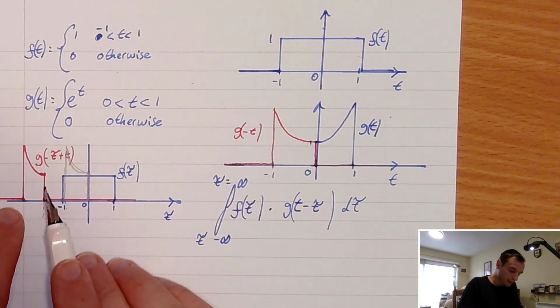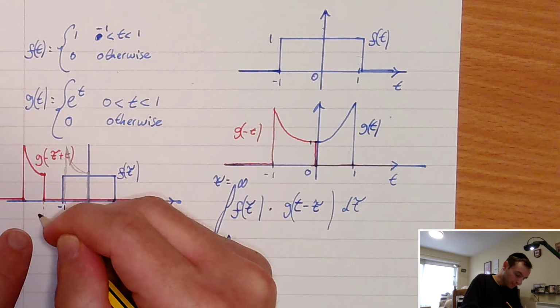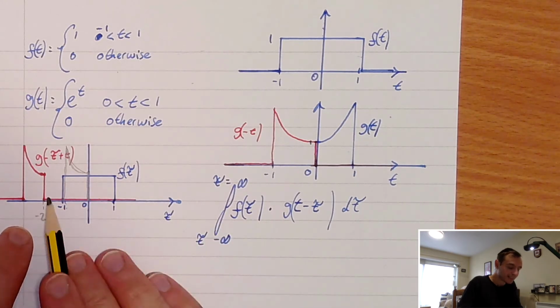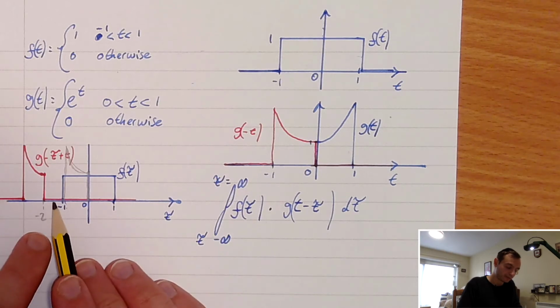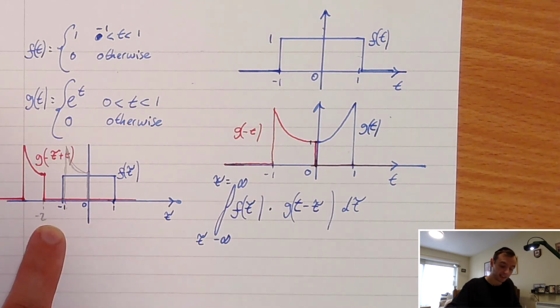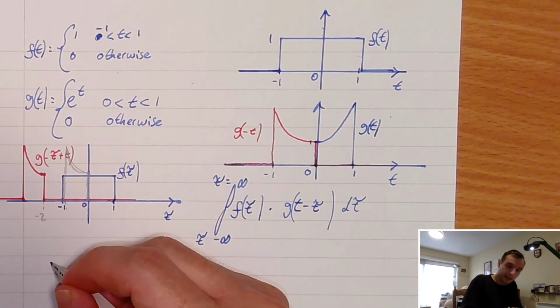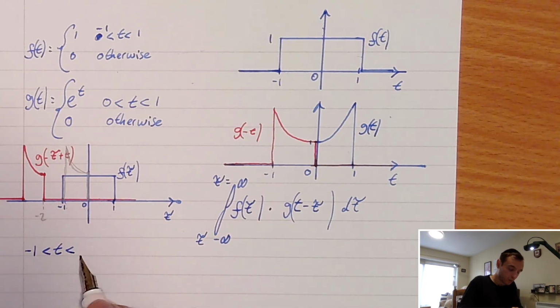But you can see here, as t is, say, minus 2, we can easily see that the product of the area of overlap is 0. When t is minus 1.5 over here, it's also going to be 0. When it's minus 1, it's also going to be 0, but it's now going to be increasing. So something is happening at t is minus 1 to a certain value.